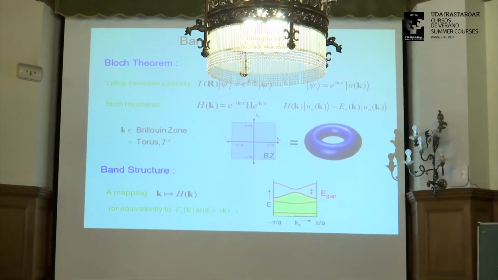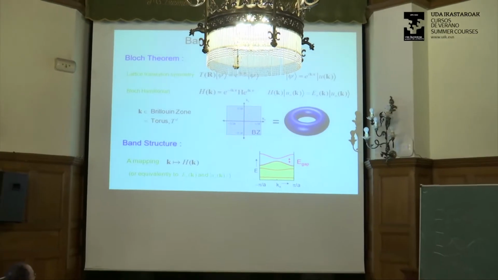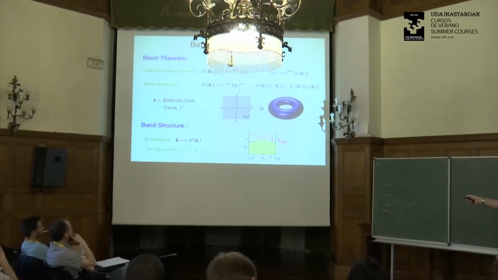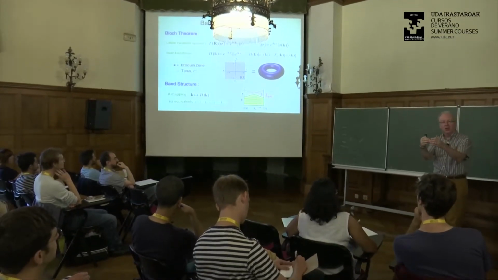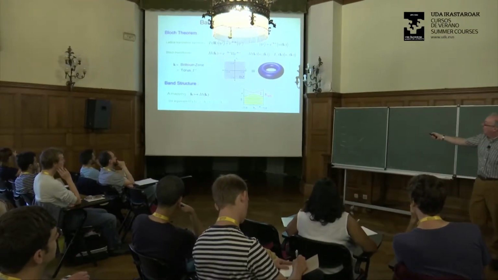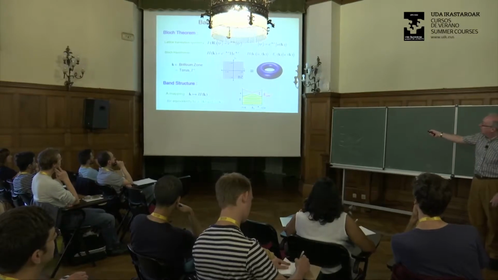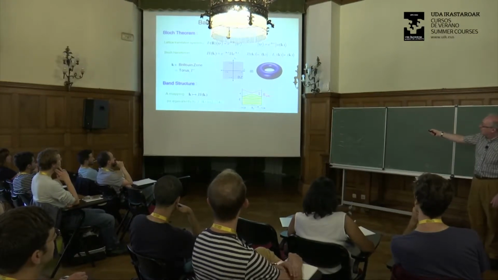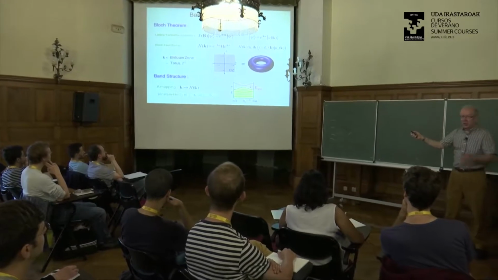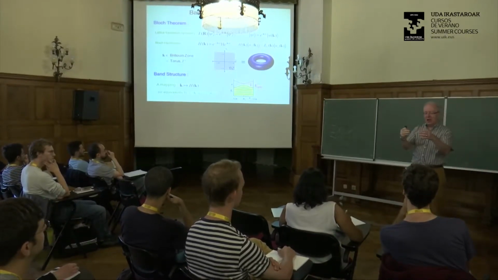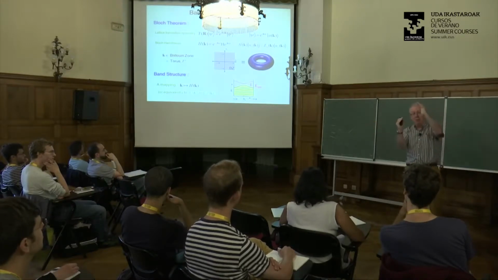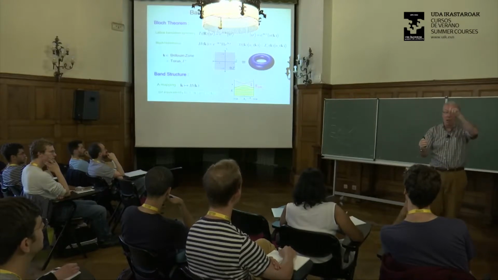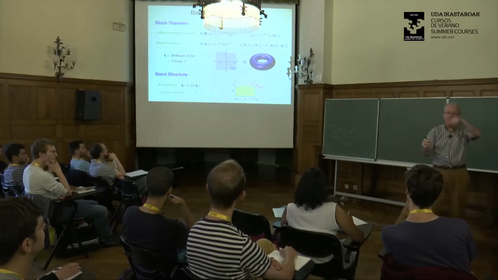Given this symmetry, one can define a Bloch Hamiltonian, and the beauty of this is that the Bloch Hamiltonian only acts within a single unit cell. So you can define the eigenstates of the Bloch Hamiltonian to be periodic with respect to the lattice translation. That changes your problem from having the whole system to just having to solve one unit cell. If you're doing a tight binding model, that means your Hamiltonian is just a matrix with however many sites per unit cell you have.